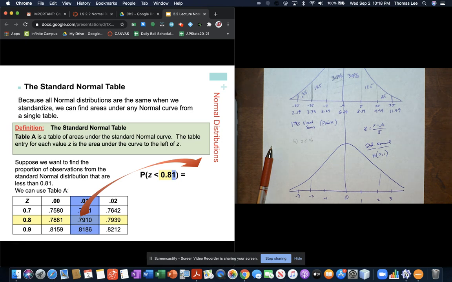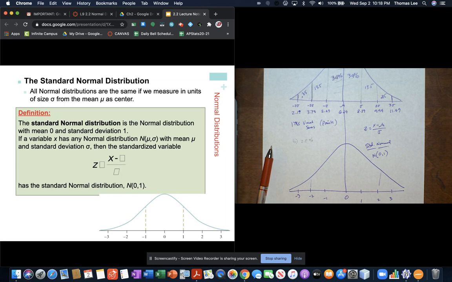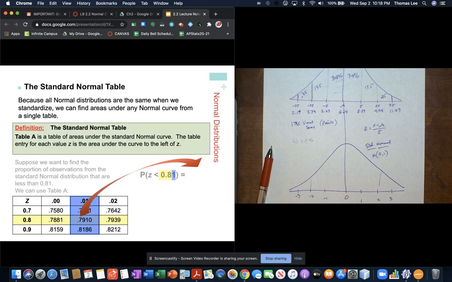Alrighty. So suppose we want to find the proportion of observations from the standard normal distribution that are less than 0.81. Well, where is 0.81?